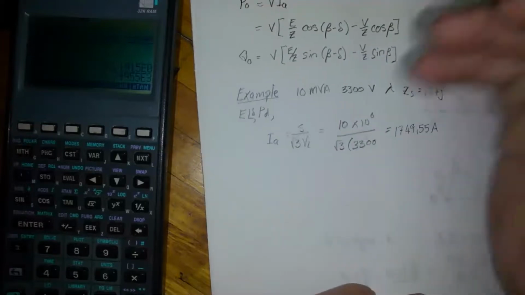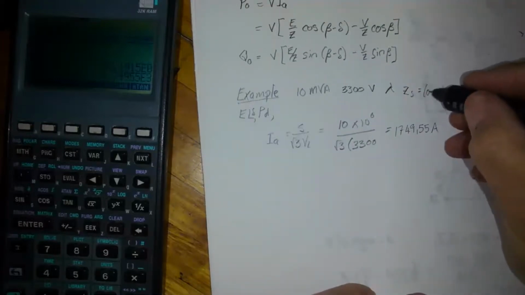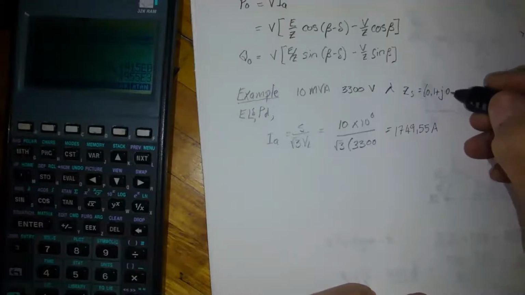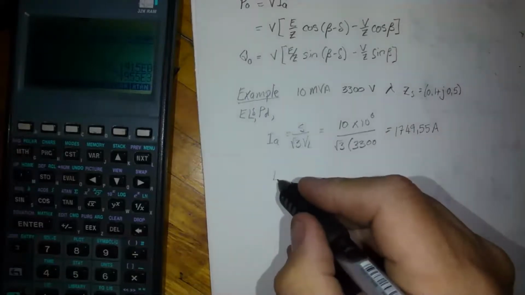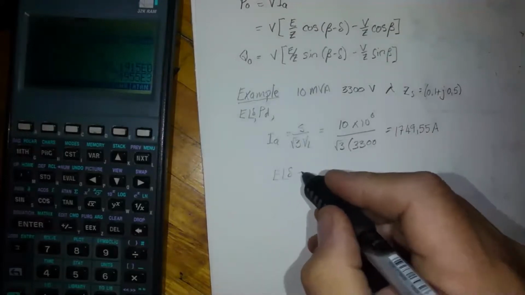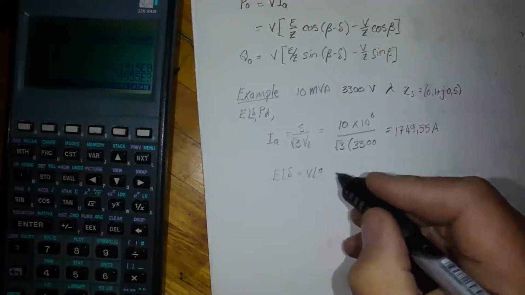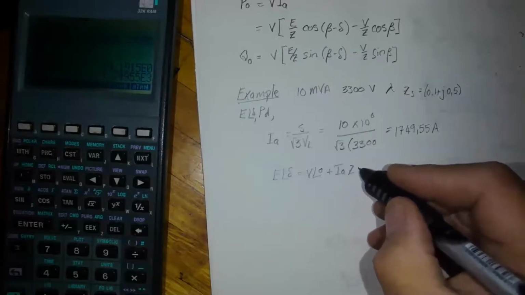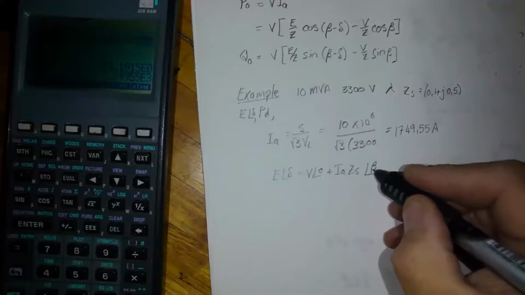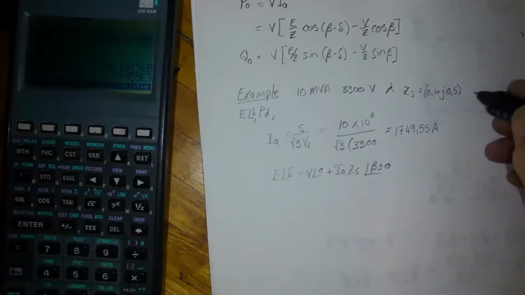Let's make it 0.1 and 0.5. So now E angle delta is V angle 0 plus IA ZS at angle beta plus or minus phi. And let's say the power factor was 0.8 lagging.